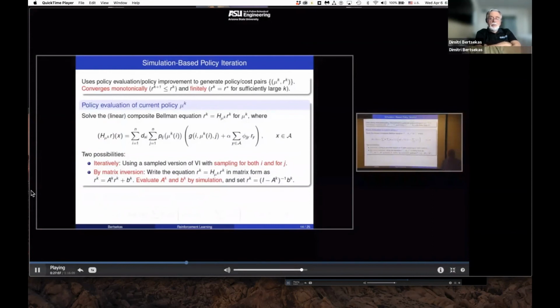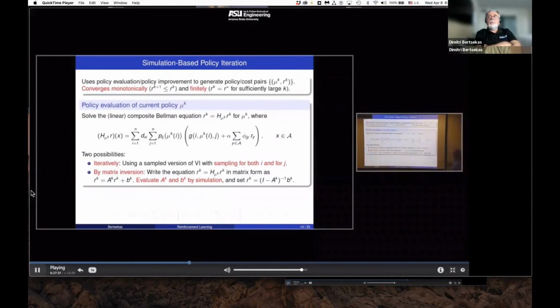I make it sound easy, but in fact it's quite formidable. And here's one of the difficulties. There's an inversion here, and there's noise in the evaluation of this Ak. Inversion does not like round-off noise or any noise, okay? It can wreak havoc. If you have a discount factor that's close to 1, then this discount factor is related to the spectral radius of this matrix.